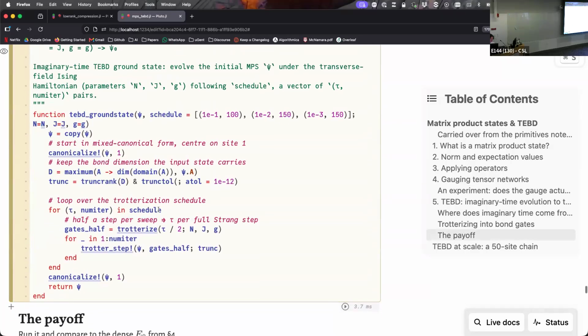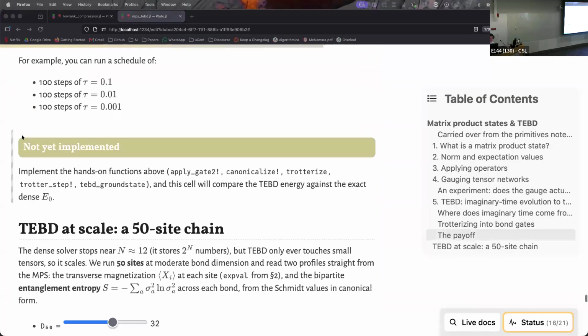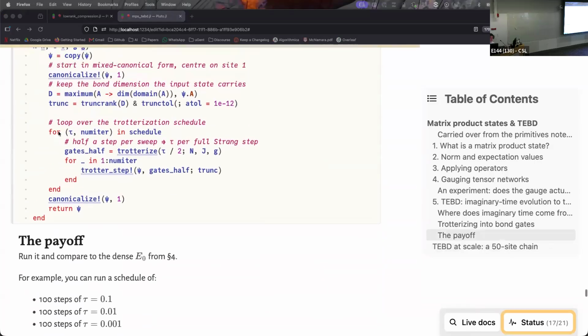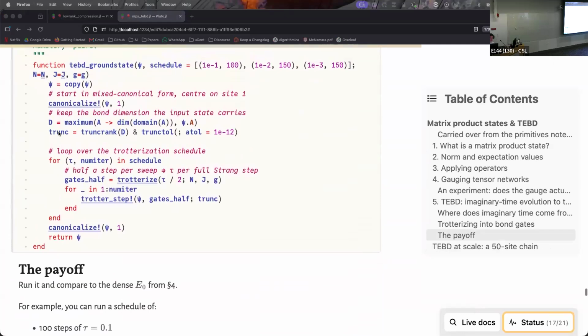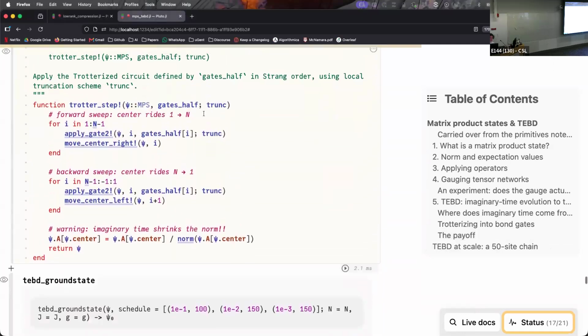And then, of course, because things don't work, what did I break?